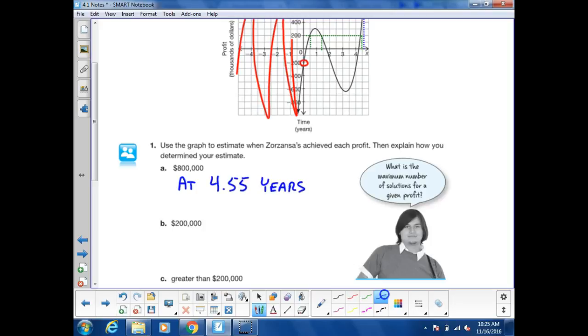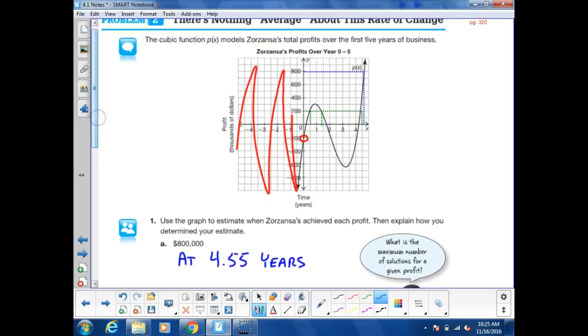Because my blue line comes down here and it meets, and the scaling goes by 0.5s, and I'm just to the right of 4.5. So I wouldn't go anything more than 4.6 on that one. So it'd be somewhere between 4.5 and 4.6 in my estimation.